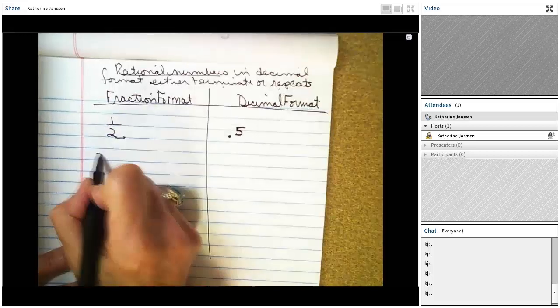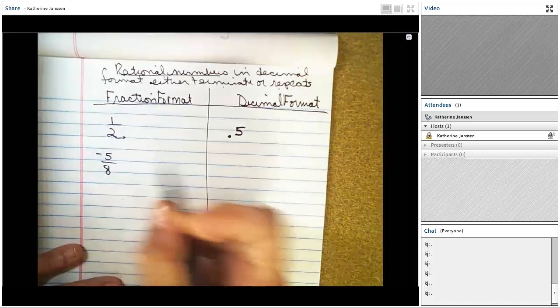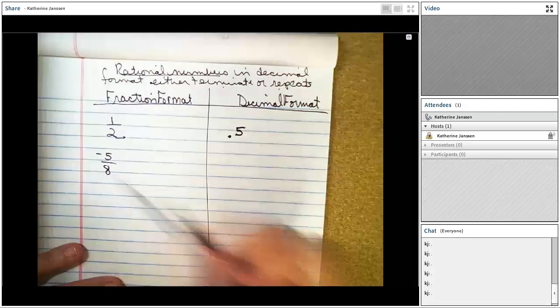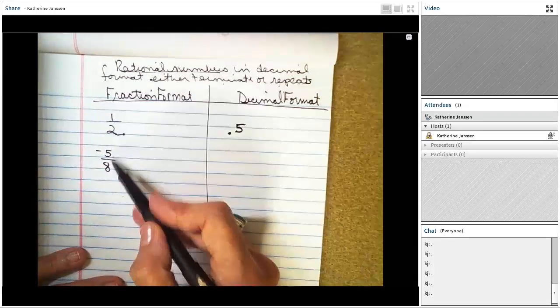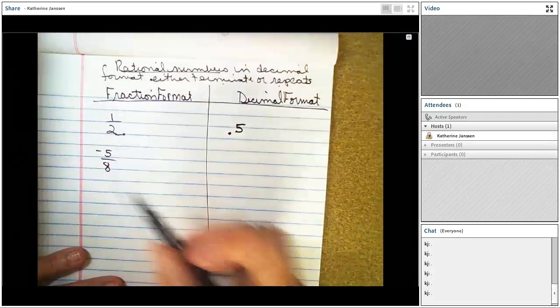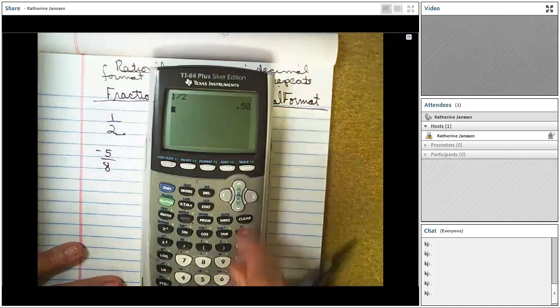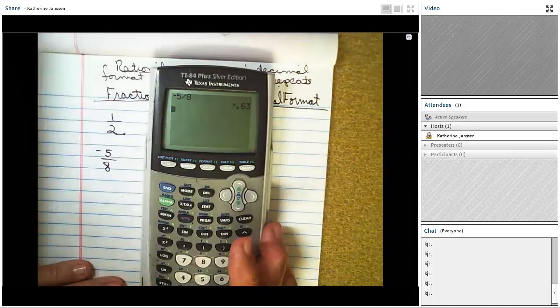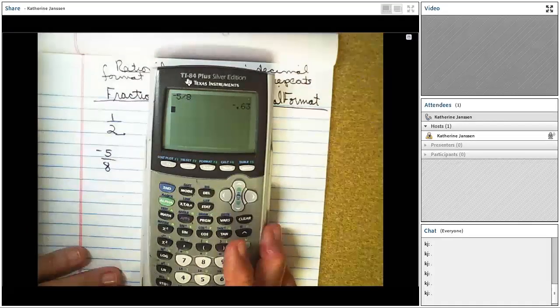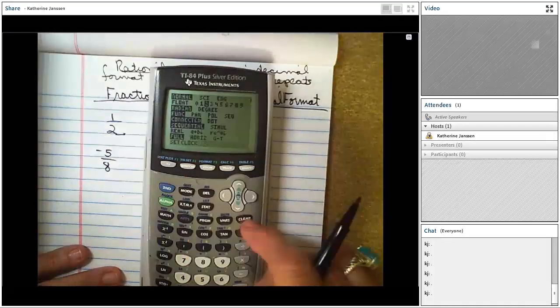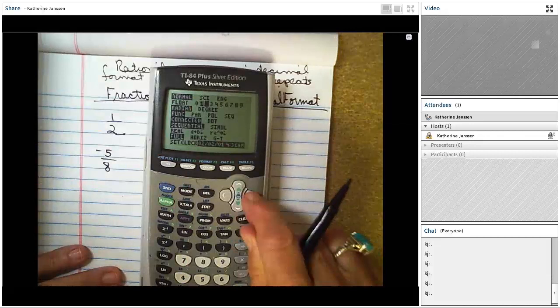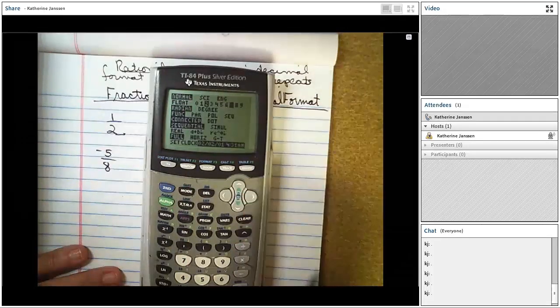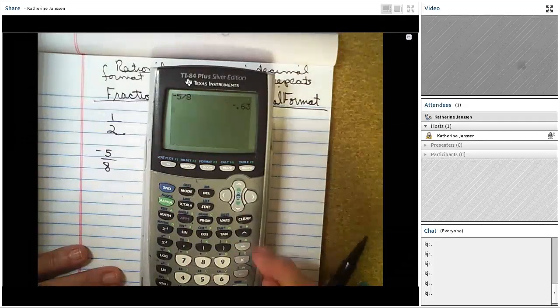And -5/8. That's in fractional format. Looks like we have an integer divided by an integer. Well, let's see. -5 divided by 8 in decimal format. Let's just make our number of places following the decimal point a bit more so we can be a little more accurate. You'll have to do that on your calculator.